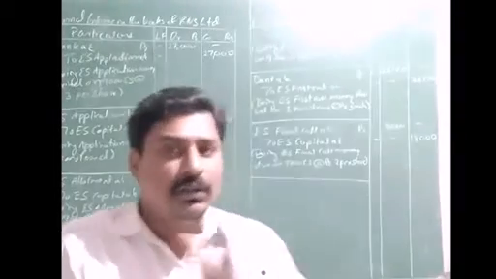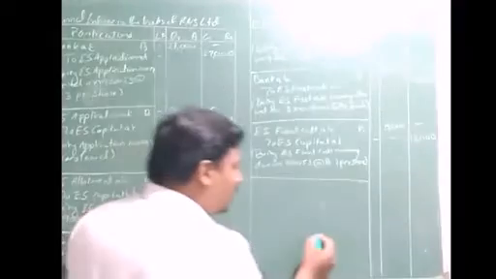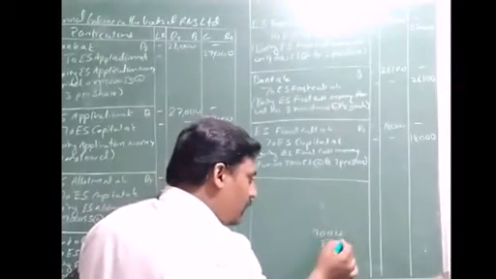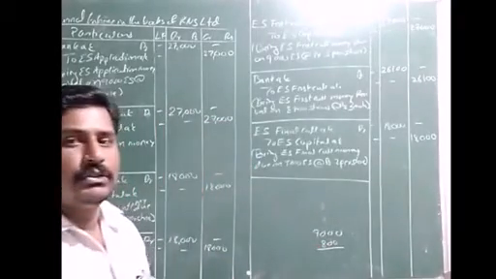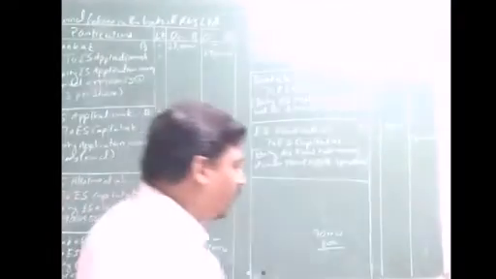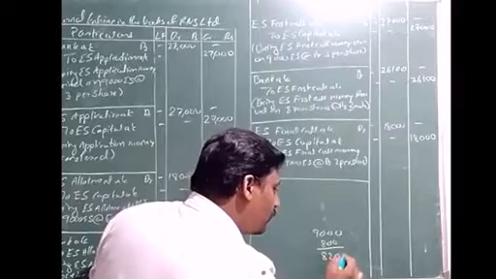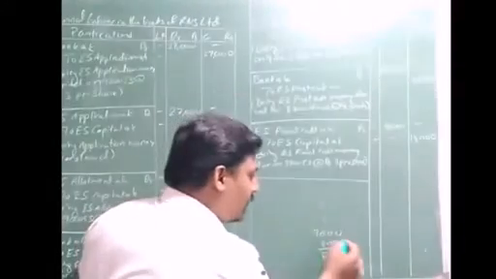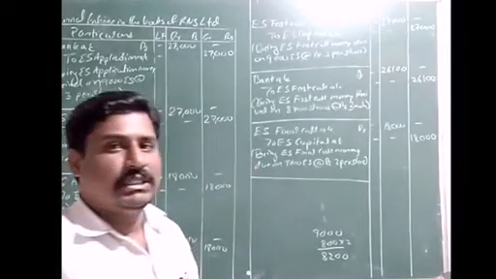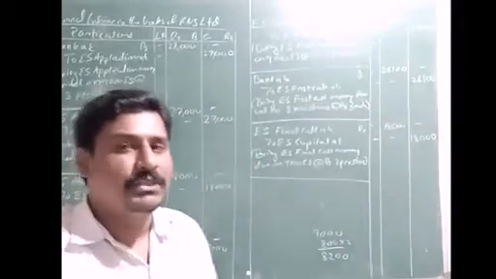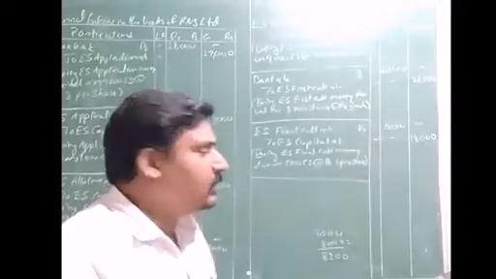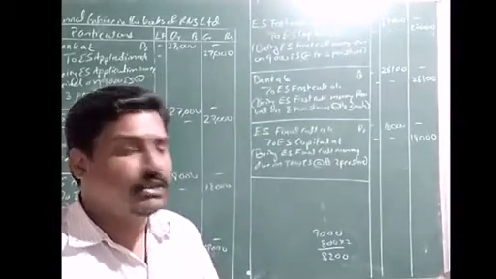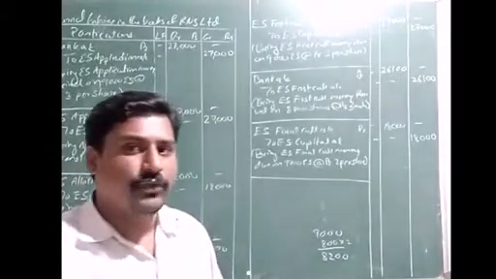So out of 9,000 shares, we don't collect on 800 shares. That means we collect final call money on just 8,200 shares. Out of 18,000, 800 into 2 rupees, 1,600 we don't collect. So 18,000 minus 1,600, that is 16,400 rupees we receive from the public.